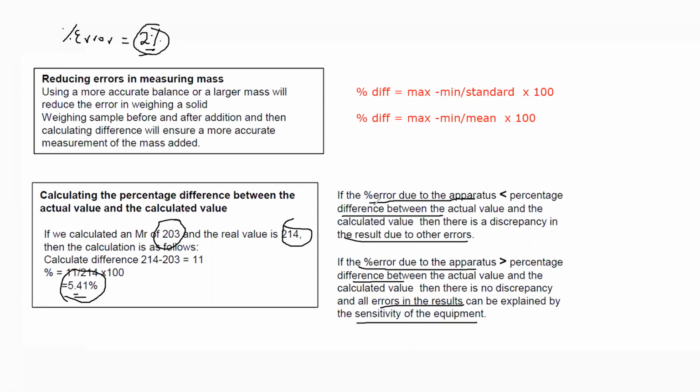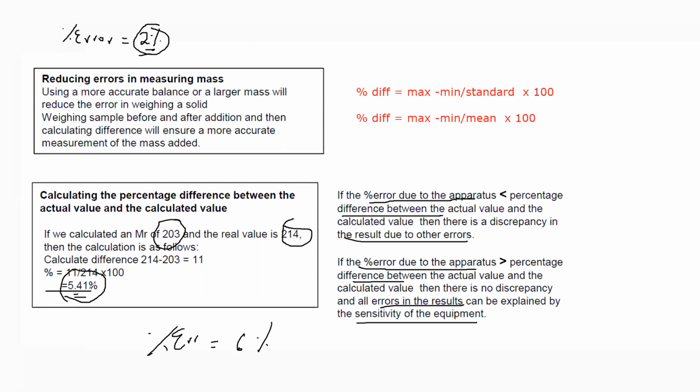So what it shows: if the percentage error of the apparatus is less than the percentage difference, your results are not wrong because of the apparatus. Your results are wrong because of other factors, maybe a surrounding temperature change. And the opposite will happen if your percentage error due to the apparatus is higher. For example, the apparatus error was 6% and your percentage difference is 5.